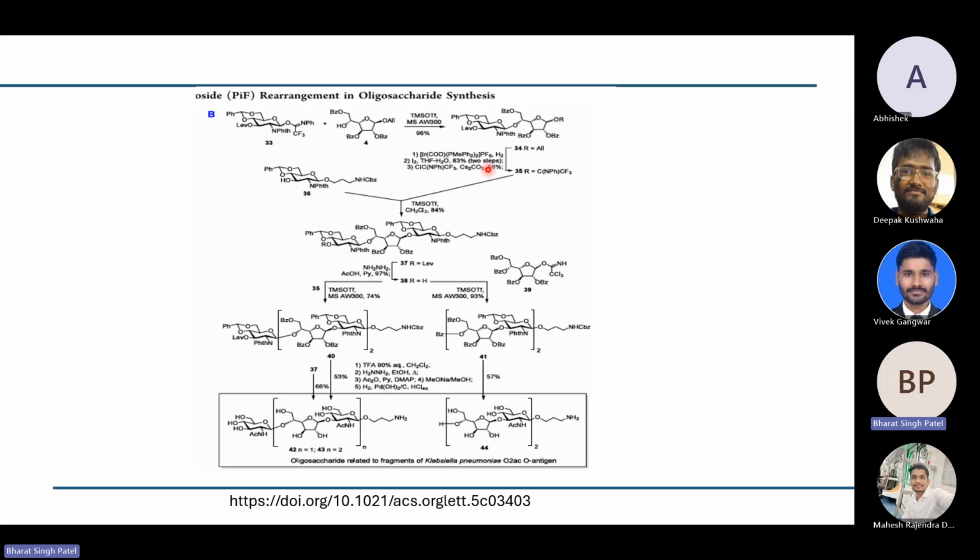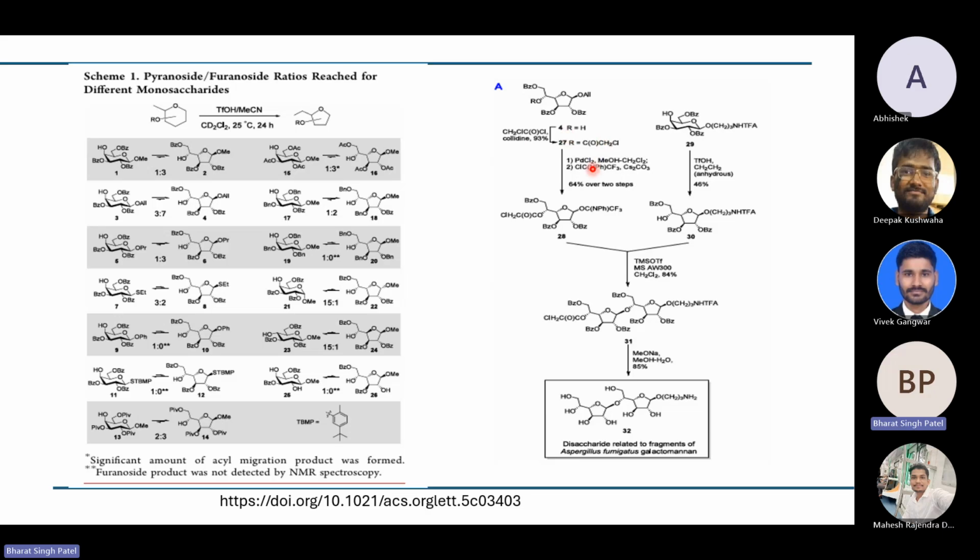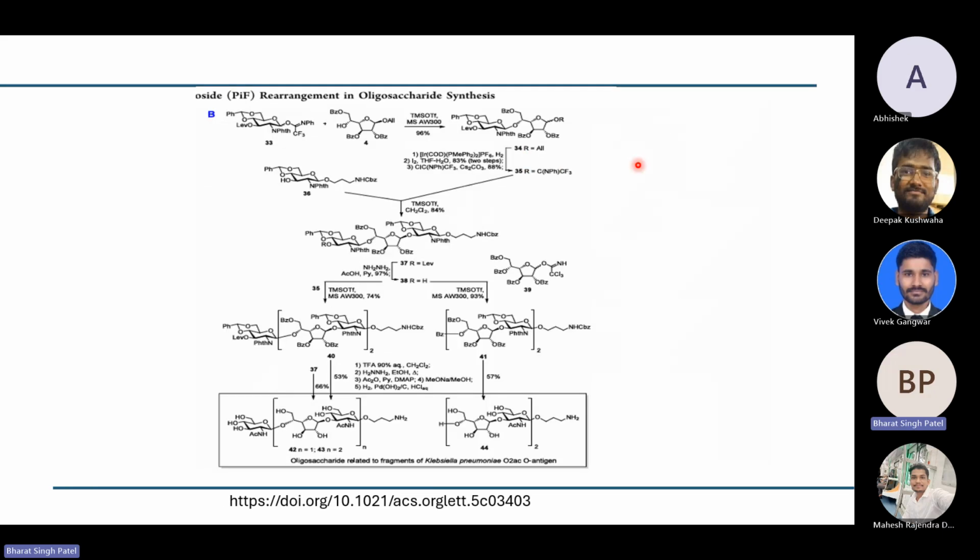Previously, they did the modification of allyl using palladium chloride in methanol. In this case, they did not repeat the same reaction, even though they tried hard. So they changed the protocol. They used here an iridium catalyst followed by I2 in THF water, and then they converted it to the hemiacetal. Again, they made that hemiacetal to the TCA of the disaccharide.